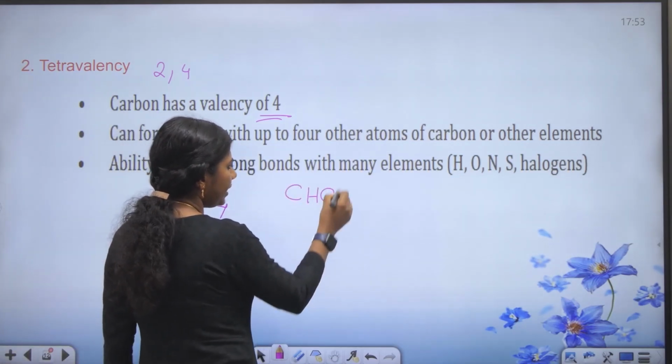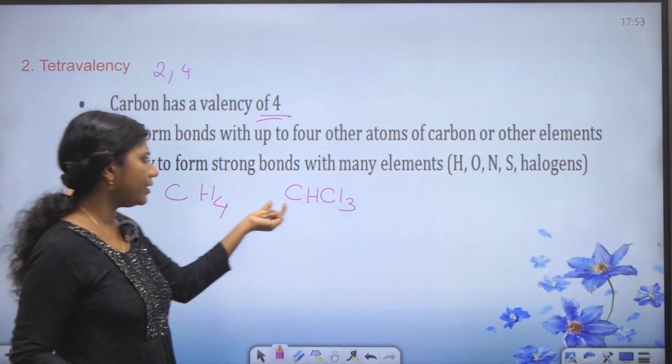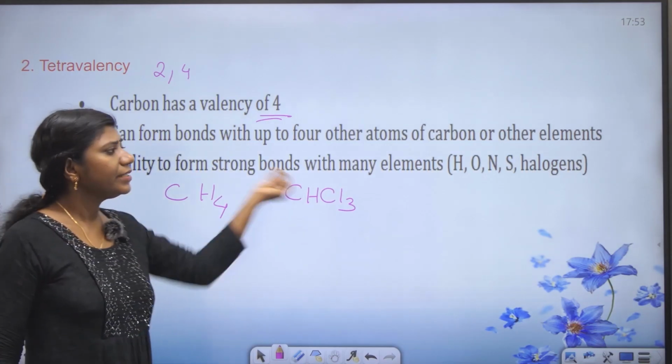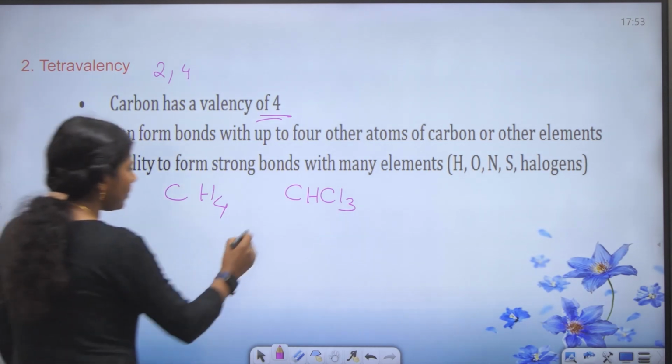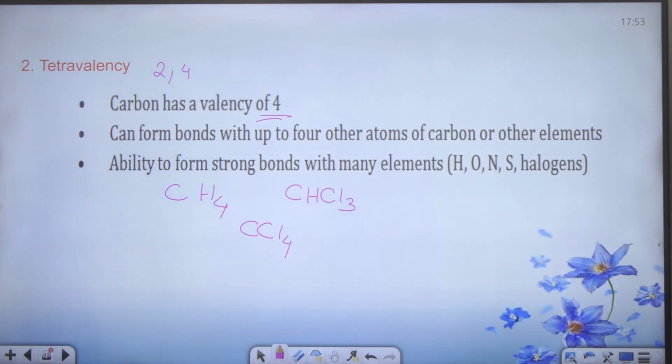And chloroform, chemically CHCl3. Here the carbon atom forms bonds with 1 hydrogen atom and 3 chlorine atoms. And CCl4, carbon tetrachloride. Here the carbon atom forms bonds with 4 chlorine atoms.